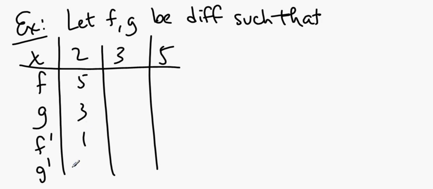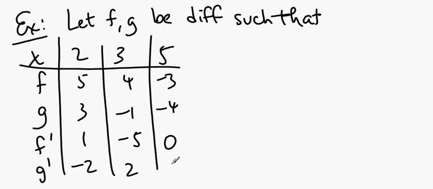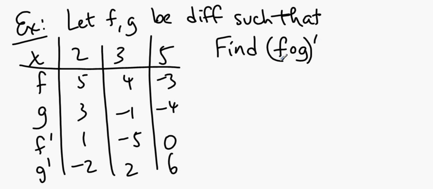And I'm just making up numbers because you're not going to use all of these anyway. But they're all there. I want to find the derivative of f of g at 2.